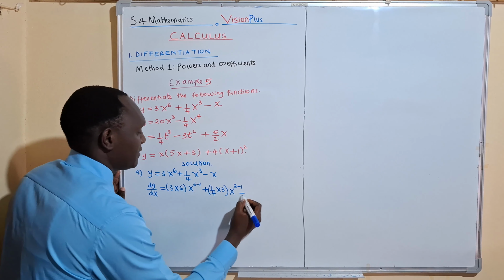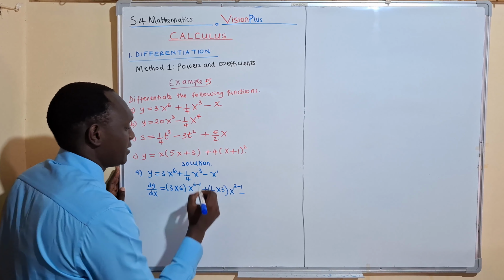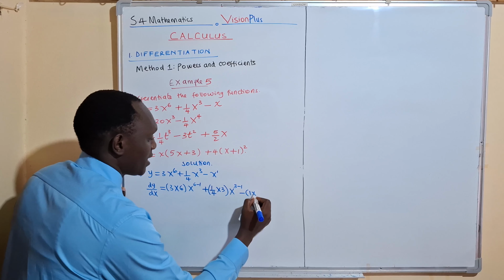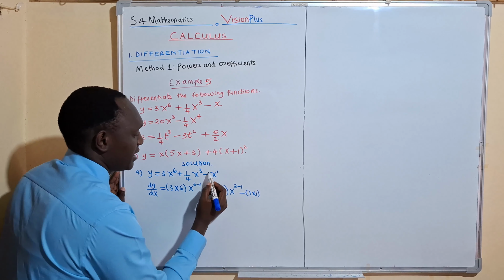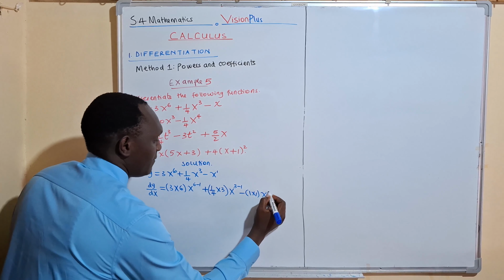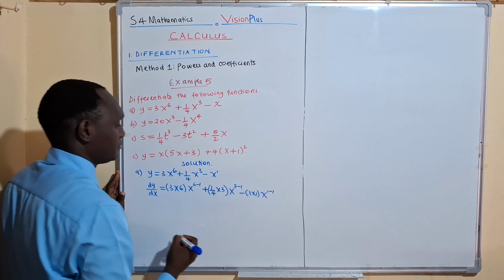And then minus, this x here has a power of 1. So when we lower 1, we shall have 1 times 1, because here there is an original 1. Then we attach x to power 1 minus 1.